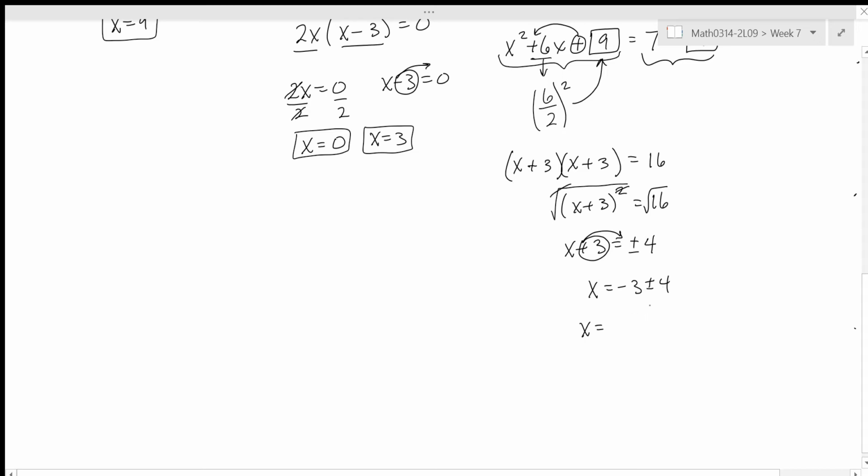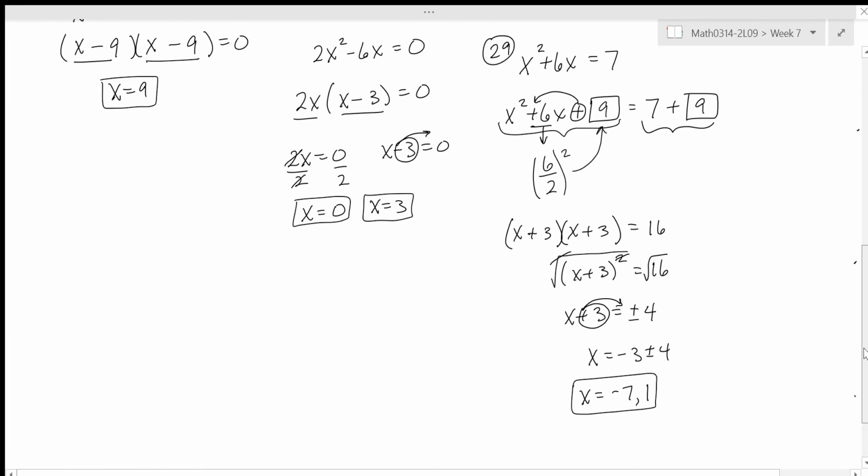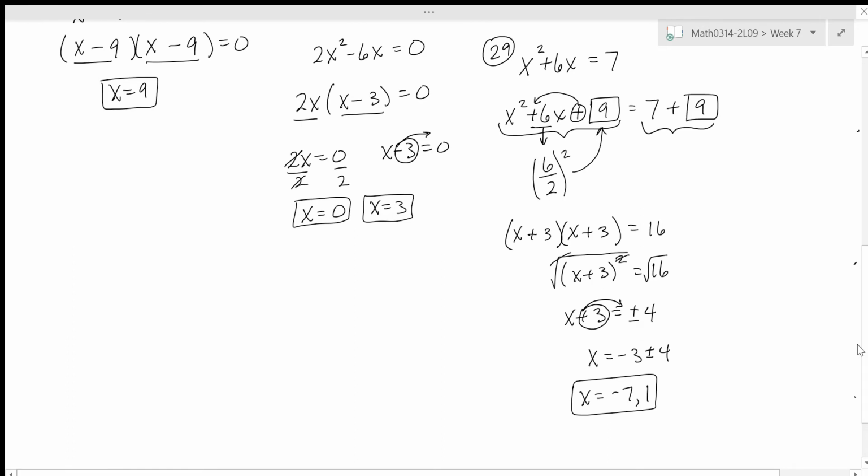That's -7. Now, what about -3 plus 4? That's the 1. And now I'm done. Got my two answers. And that is the method of completing the square.